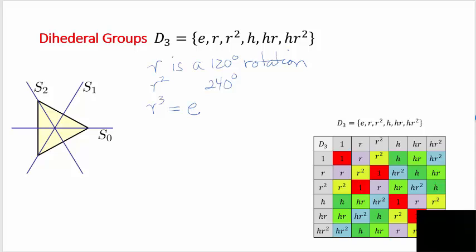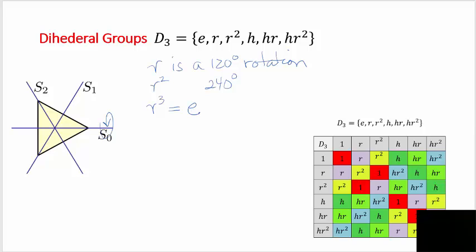R cubed just puts the triangle back to where it was. So we have 3 rotations, and we have 3 lines of symmetry. Notice over here, if we were to reflect around the line S0, it would be a 1-to-1 mapping of the triangle onto itself.